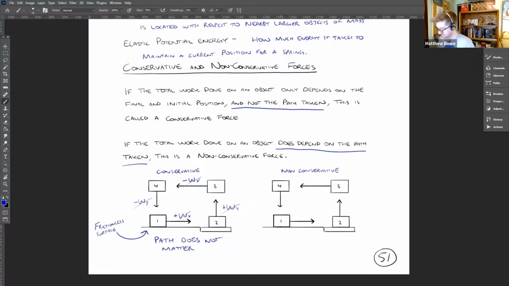Let's look at this non-conservative example here. A way for me to show non-conservative forces is to do the same thing, except now this floor is, I don't know, rubber. It has some friction now.